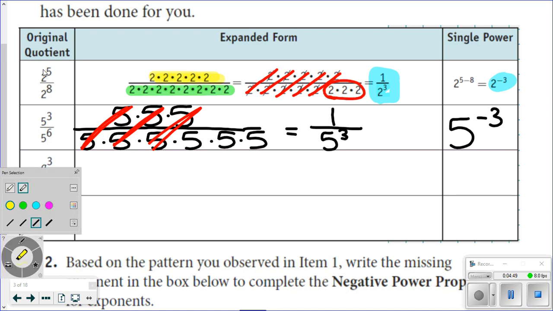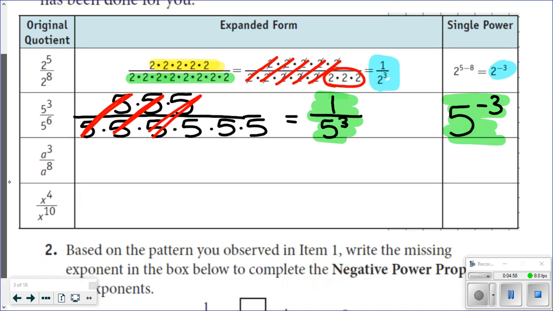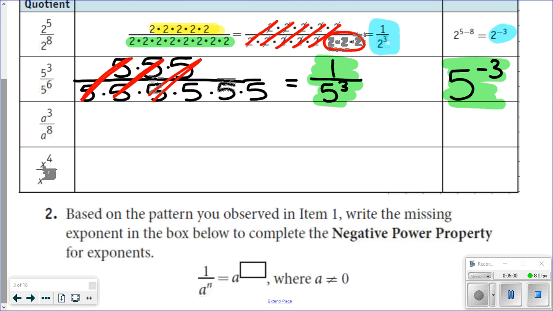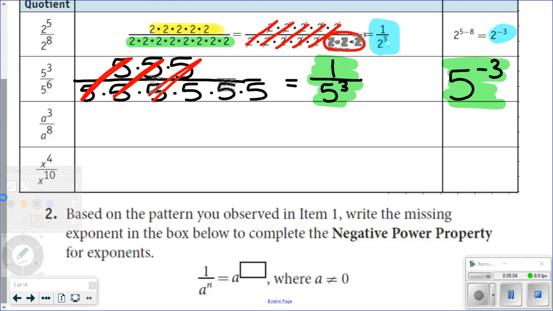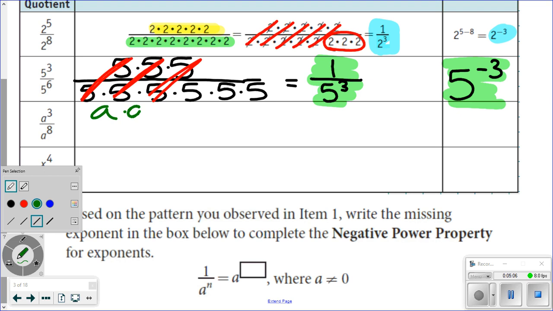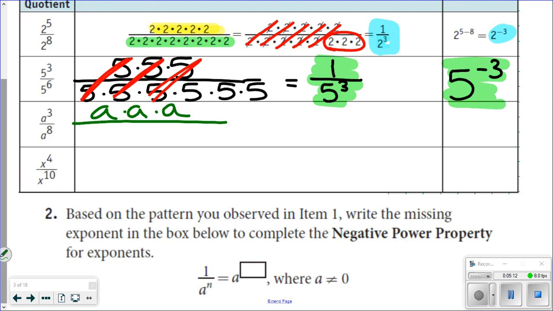So in a little bit, we're going to talk about what's happening from here to here. Right now, what I want you to do, just like the 5's, is go through and do the A's. So pause the video and finish the A's, and you can also do the X's as well. You can do it.